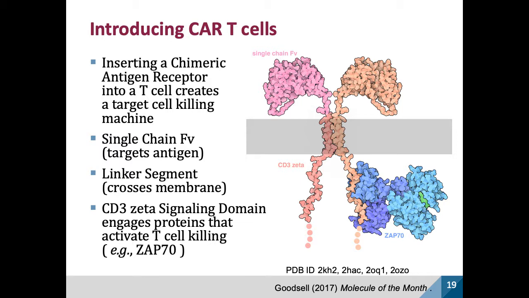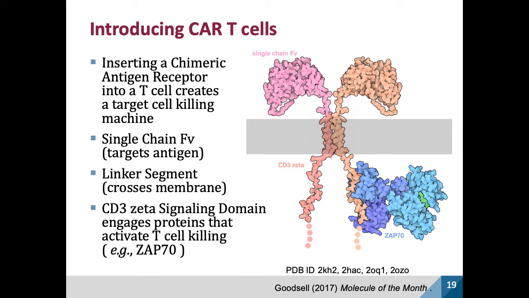And then on the inside of the engineered T cell, you're going to have sequences that are capable of recruiting signaling proteins that activate the T cell. In this particular example depicted here, it's a sequence that's recognized by ZAP70, which is a known activator of cell killing.